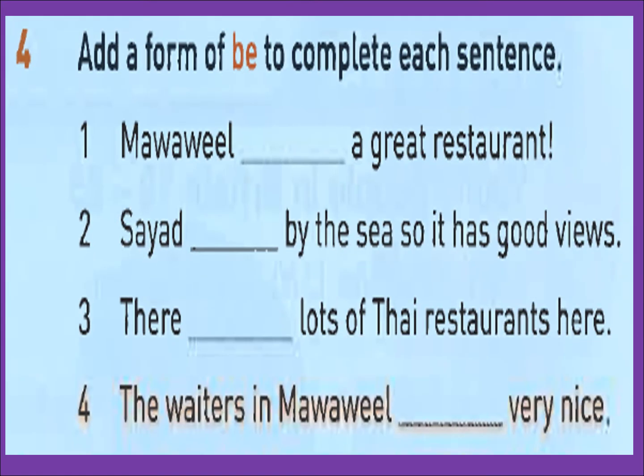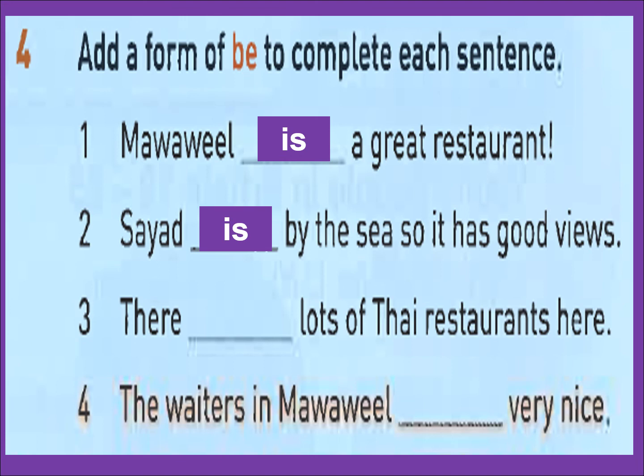Exercise 4. Add a form of be, is or are to complete each sentence. Now, check your answers. Number 1. Mama Wheel is a great restaurant. Mama Wheel is singular, so we use is. Sayad is by the sea, so it has good views.